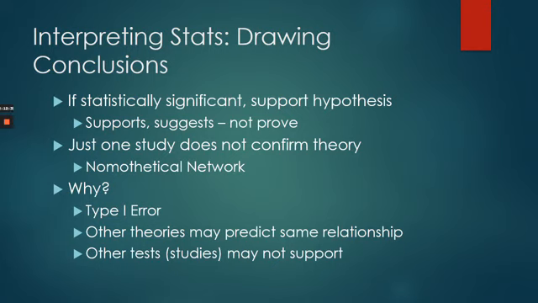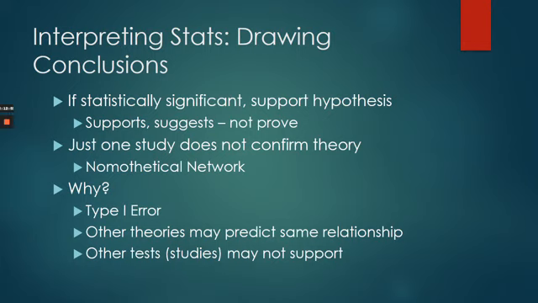Also, there might be other theories that predict the same relationship. So that statistical relationship that we found between the two variables, there might be another theory out there that explains it. So we can't just say this statistical relationship supports just one theory.